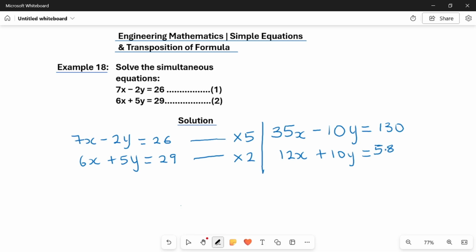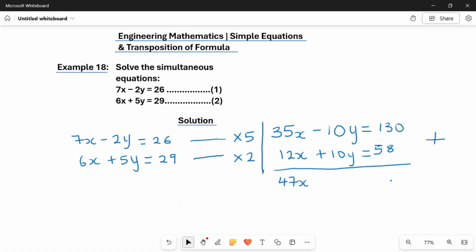So now we can simply add both of them to eliminate y. Doing that, we'll have 35x plus 12x, which will give us 47x.